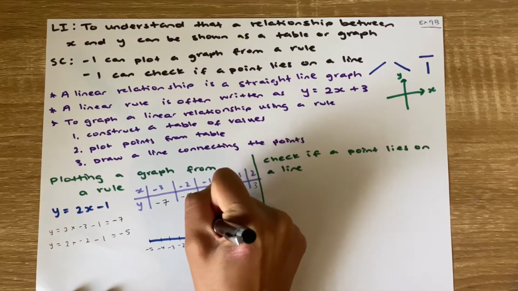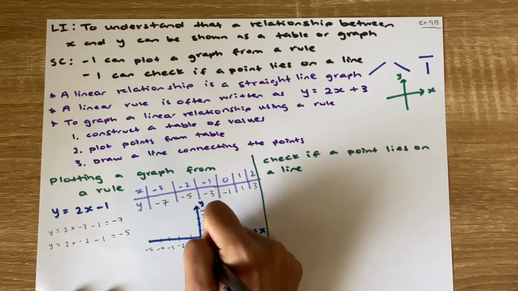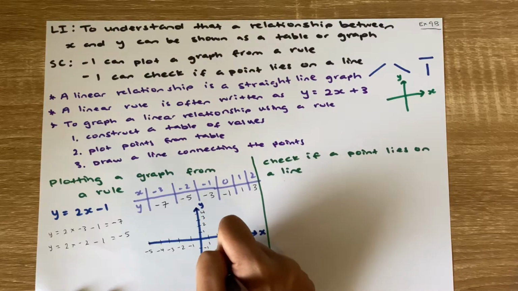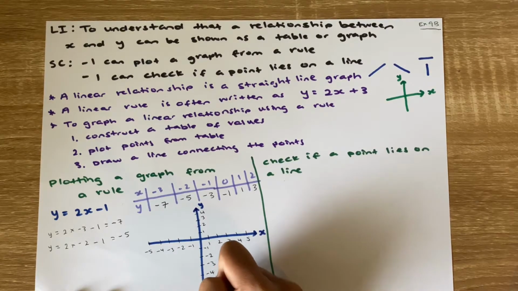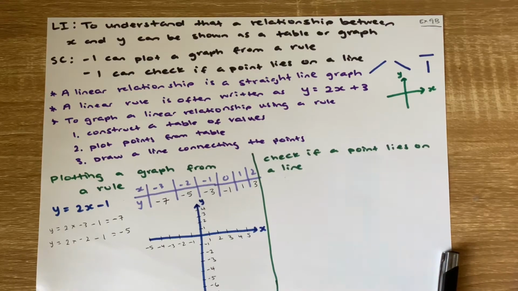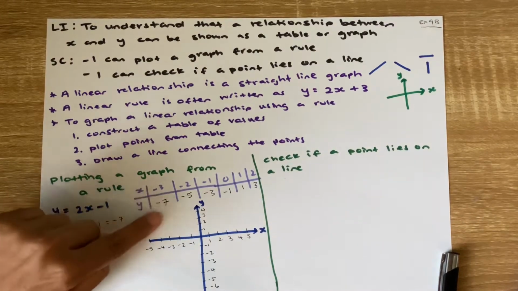1, 2, 3, 4. My paper's getting a bit small, but that's okay. -1, -2, -3, -4, -5, -6, -7. All right, now what we have to do is plot our points. So if I look at my point here, I've got -3, -7.